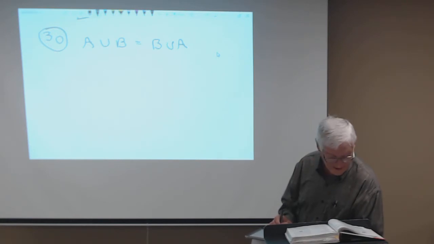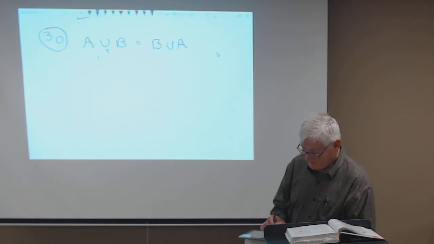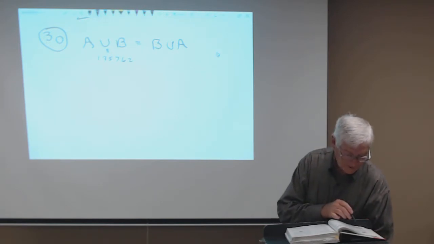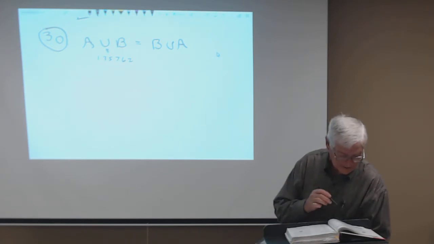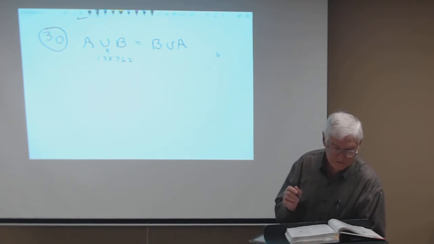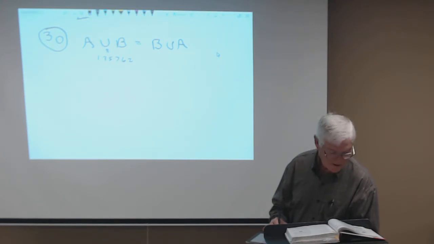What's the union of A and B? 1, 3, 5, 7, 6, 2. Everybody follow that? Just take your pencil and circle A, circle B, unite them, put them together, and see what regions, what numbers, you get. 1, 2, 3, 5, 6, 7.